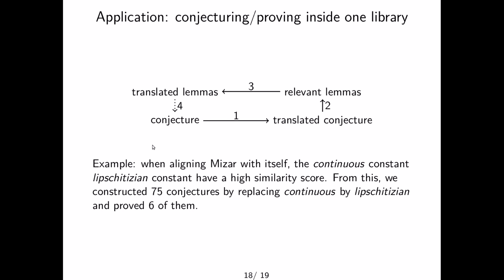Of course, we find the identity mapping, but we'll also find things like continuous is similar to Lipschitzian. So every theorem about continuous, maybe we can consider them theorems about Lipschitzian, and we can make conjectures, and we can prove them. Here we constructed 75 conjectures, and we proved 6 of them. And you can do this for other mappings, and this is some kind of reasoning by analogy.